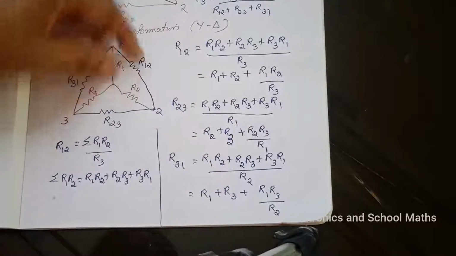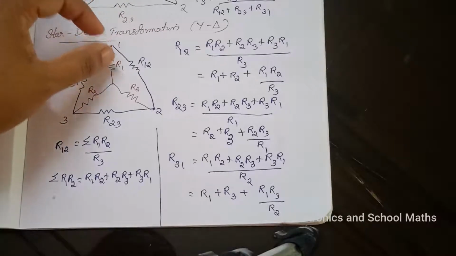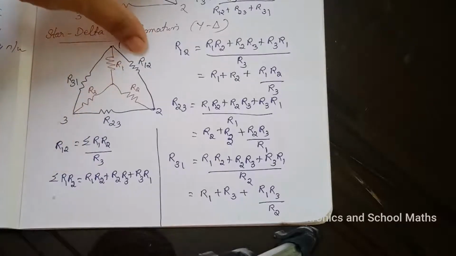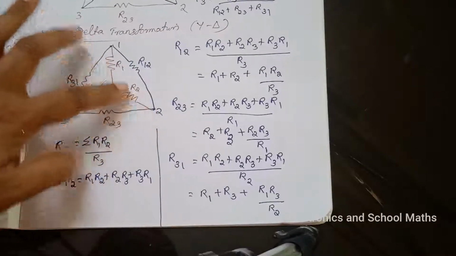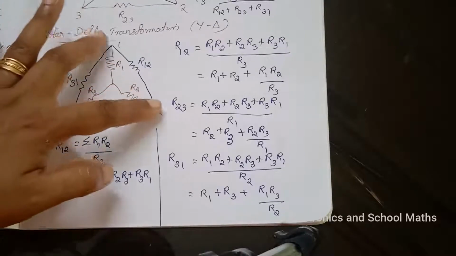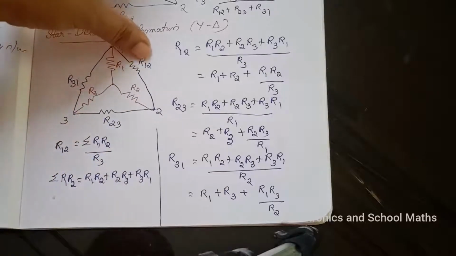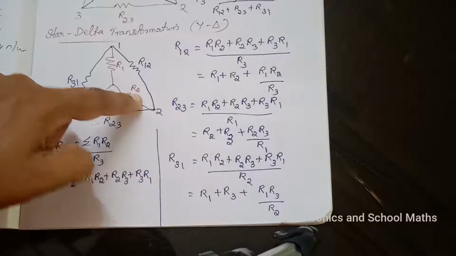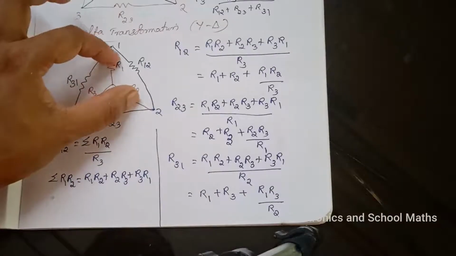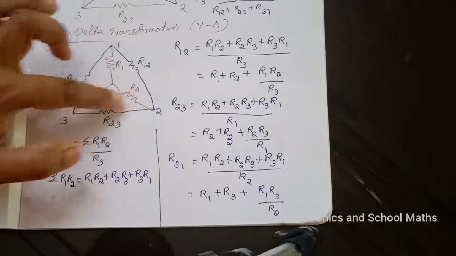Look at this picture. We have to find R12. So find the resistors which connect to this resistance, that is R12. That is, R1 and R2 are the resistors in star connection which connect to this delta resistor. So the resistor value R12 is R1 plus R2 plus the product of these two resistors divided by the other resistor, that is R1 R2 divided by R3.